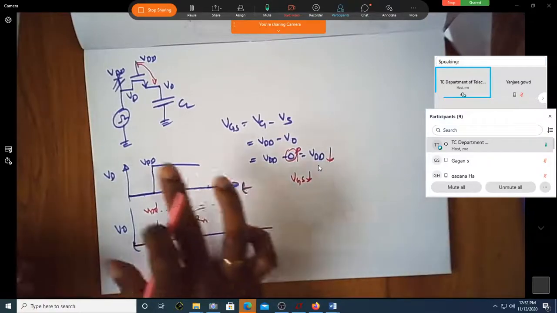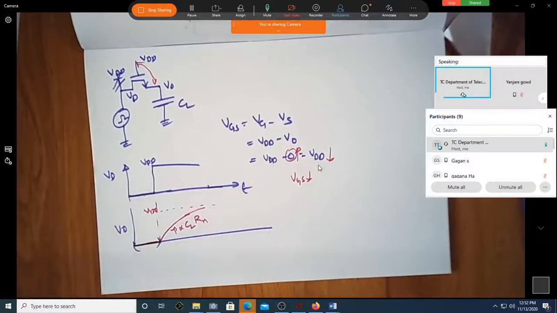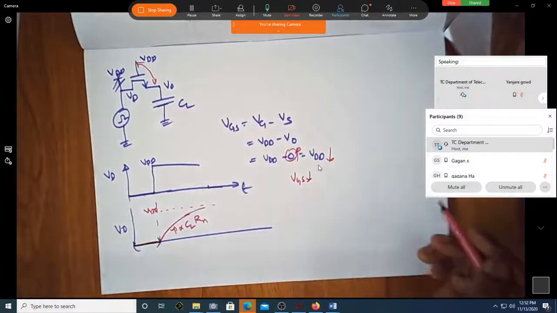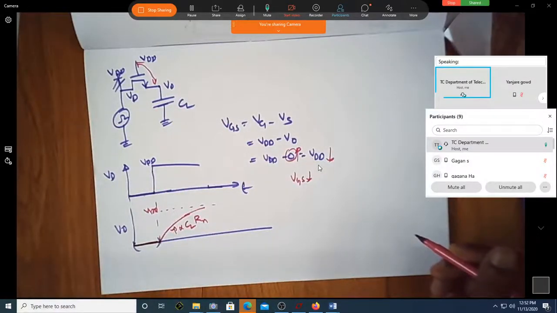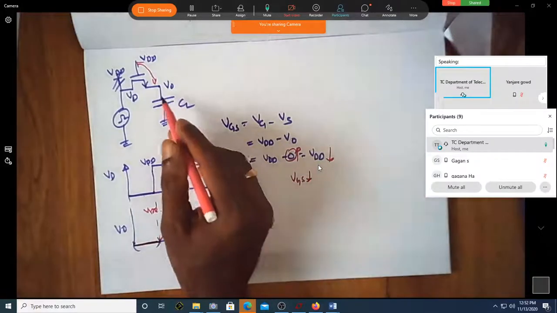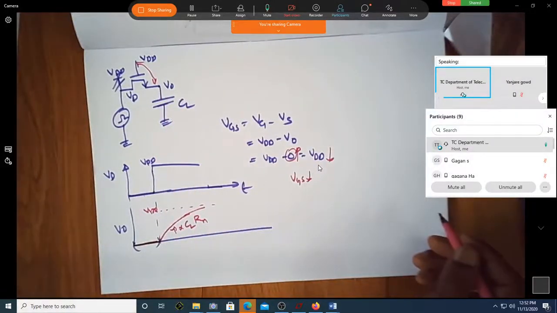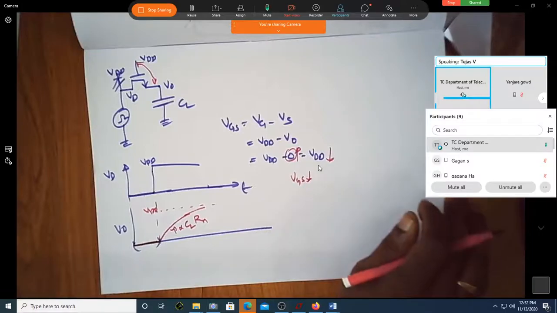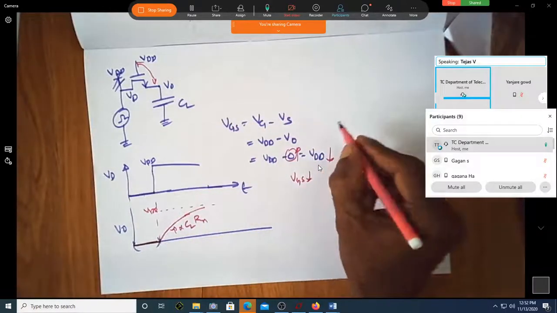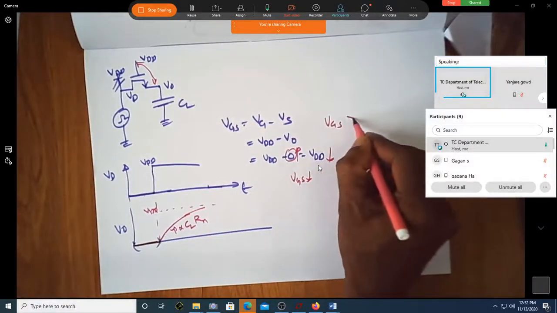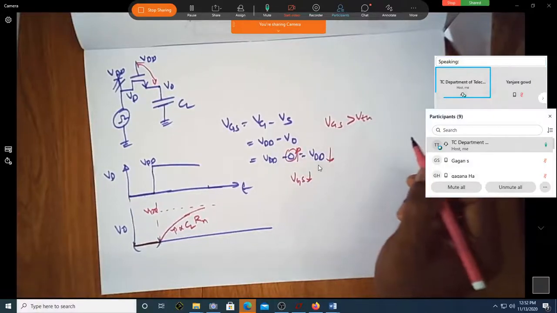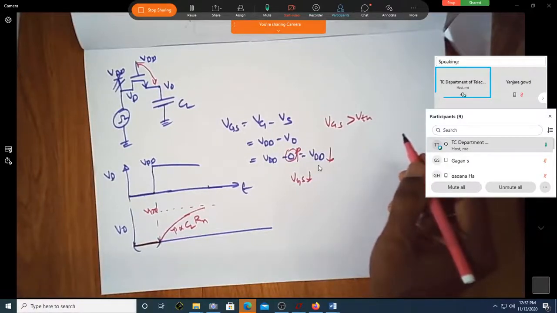Till what voltage will your MOSFET be on? When does your MOSFET go off? Less than threshold, because for a MOSFET to conduct, VGS has to be greater than VTH. Is it not?